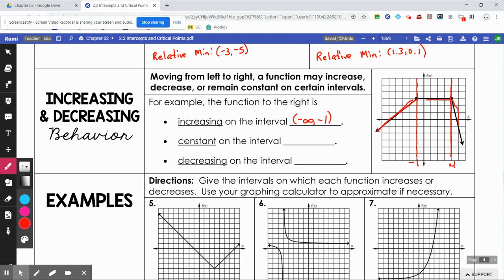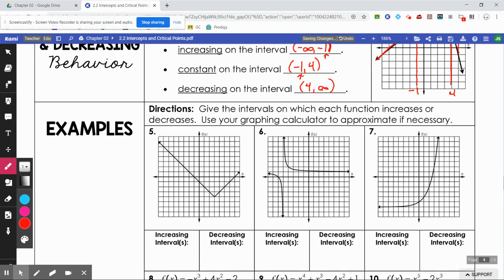It's going to be an open interval, meaning that at negative 1, you can't be doing two different things. You can't be increasing and constant because we're actually constant from negative 1 to 4. You see you're staying constant there. So how could you be constant and increasing at negative 1? So that's the reason we don't include it. And then you start going downhill, and you go downhill from 4 forever.